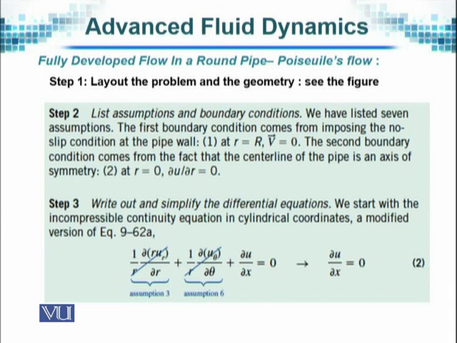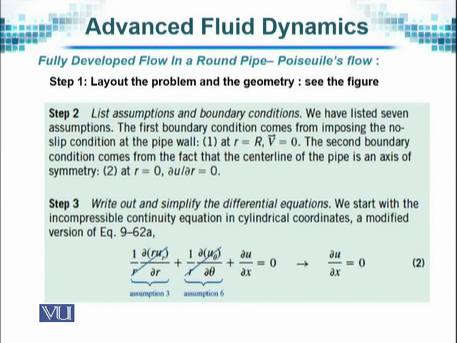Why? Because of the viscosity, what we call the no-slip condition. The second boundary condition comes from the fact that the central line of the pipe is an axis of symmetry. So at r equal to 0, the partial derivative of u with respect to r is 0.